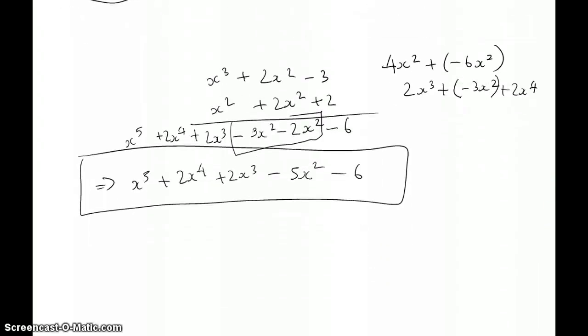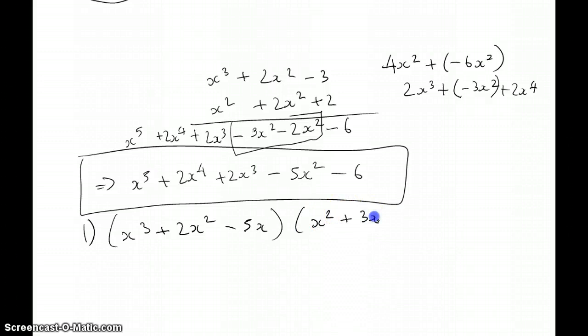Some hard problems that you guys could try solving at home are x cubed plus 2x minus 5 times x squared plus 3x plus 5. So try that at home.